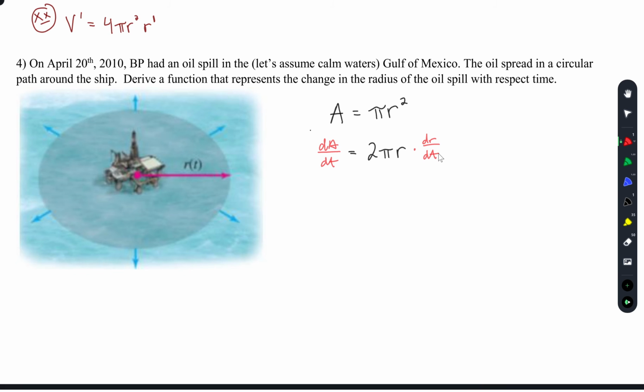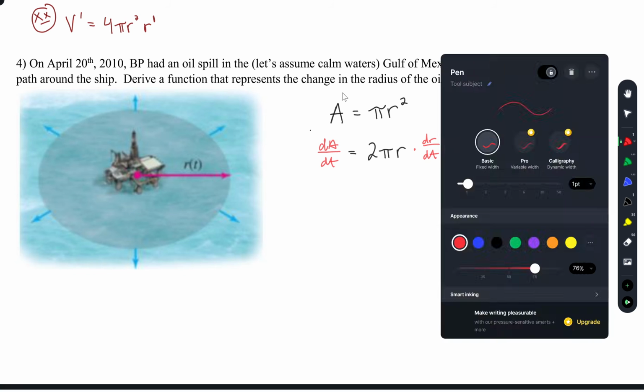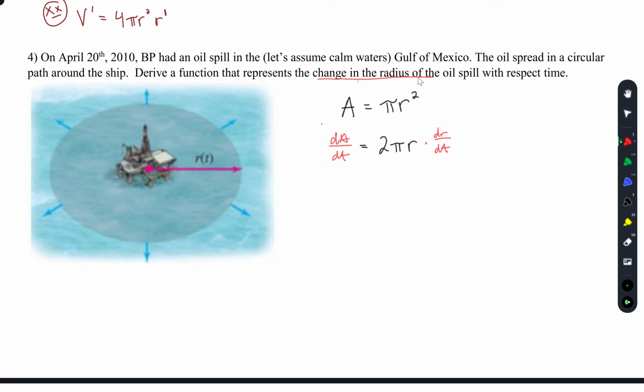Now I need to write a function that represents the change in the radius of the oil spill. To find the change in the radius, change means I want the derivative. So I need this guy over here.